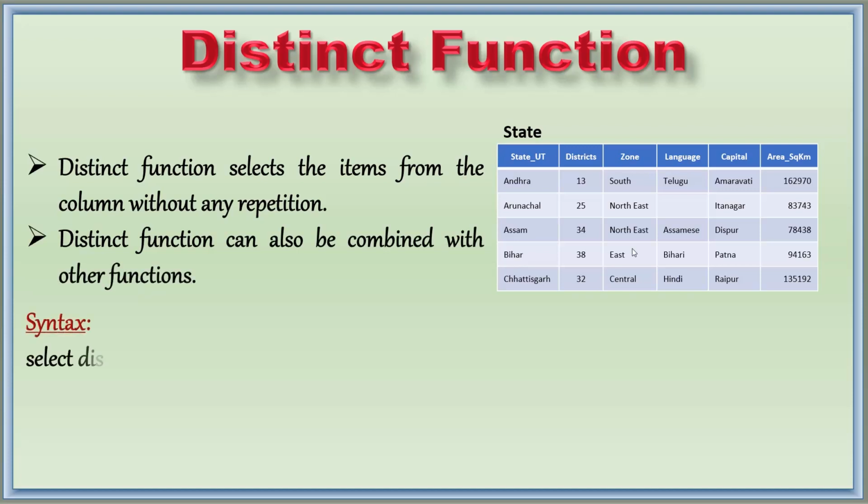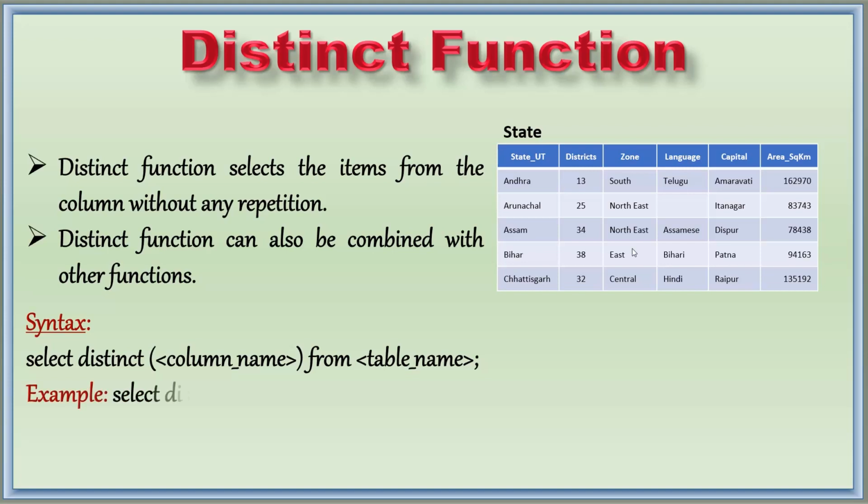Syntax is here: select distinct and then the column name in the bracket from the table name. For example, if we need to perform this for zone, select distinct zone from state. The column name should be inside the bracket, as distinct is a function here.